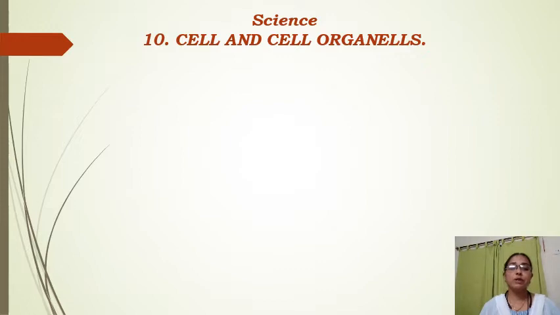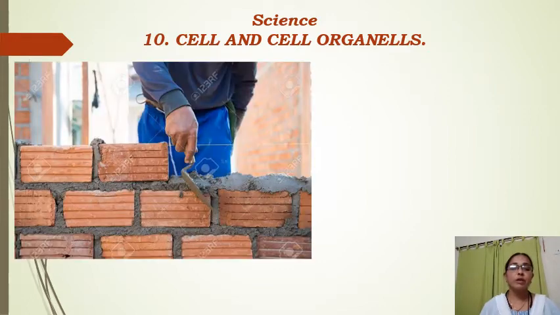Let's see one here. A man is there and he is building a wall, correct? Constructing a wall by arranging bricks, correct? One brick is arranged and tightly packed with the help of the cement and sand, which are used to bind these bricks.